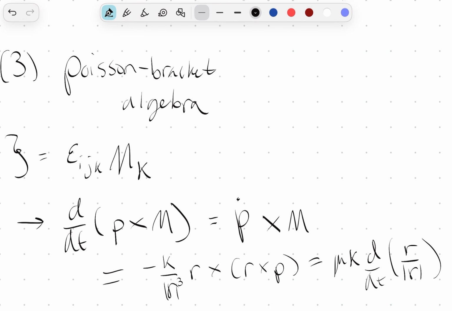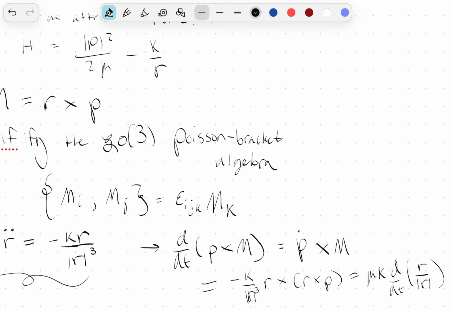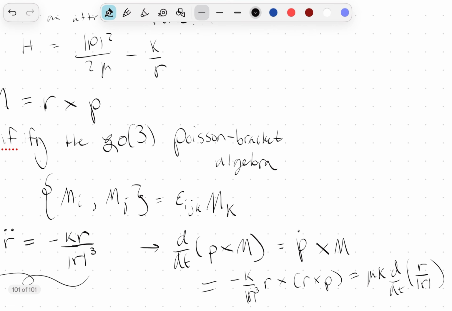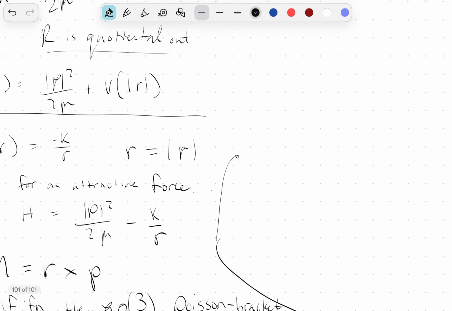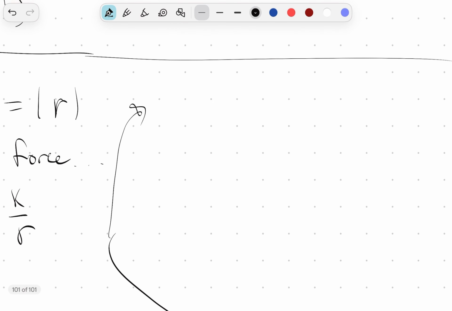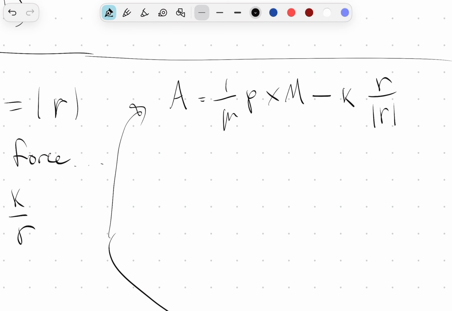And so there's a particular vector that becomes conserved, that we can rewrite as conserved, following from this logic, which is that, let's move it over here. We can write this vector as 1 over mu of p cross M minus kappa of r over the magnitude of r, the separation vector.